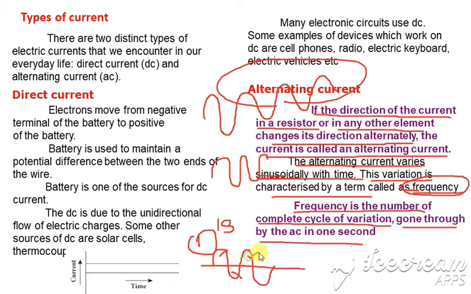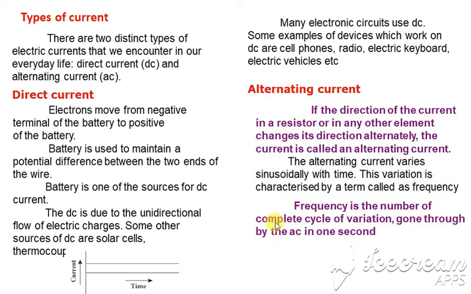Again this up and down, positive and negative direction, is considered to be 1. So 1 plus 1 is 2, so it has a frequency of 2. Frequency is the number of complete cycles of variation gone through in 1 second.